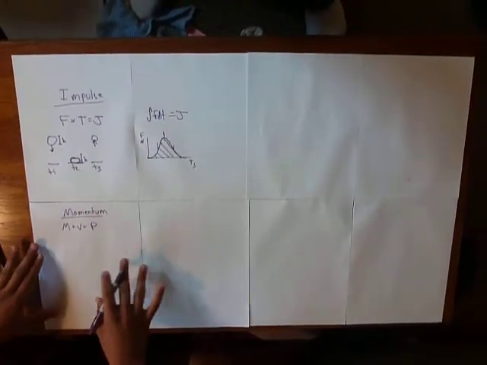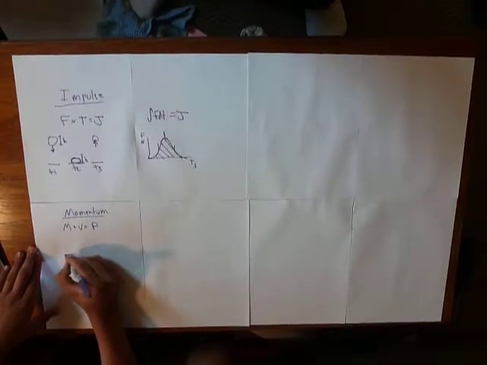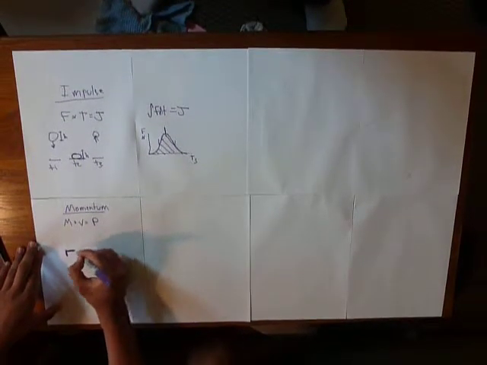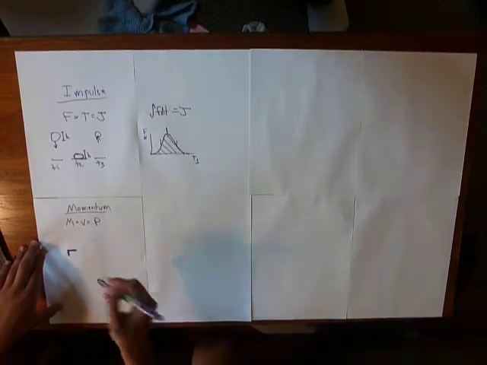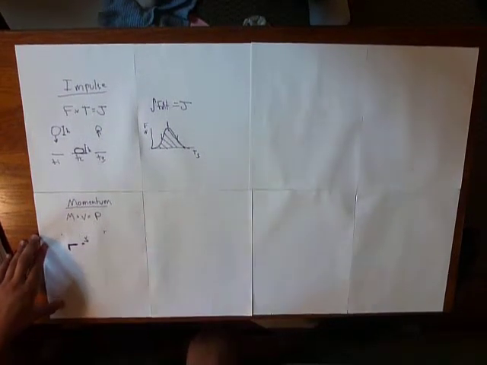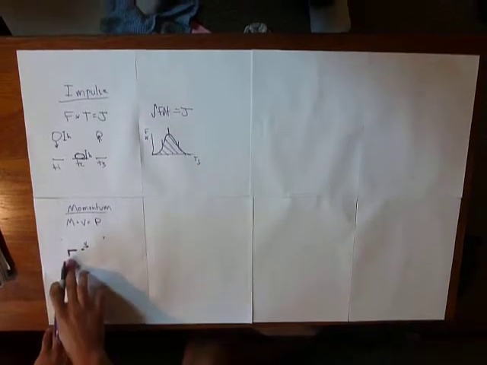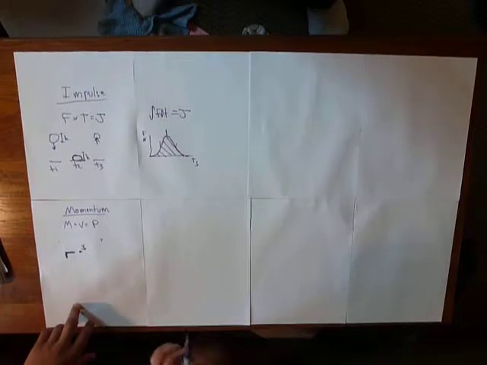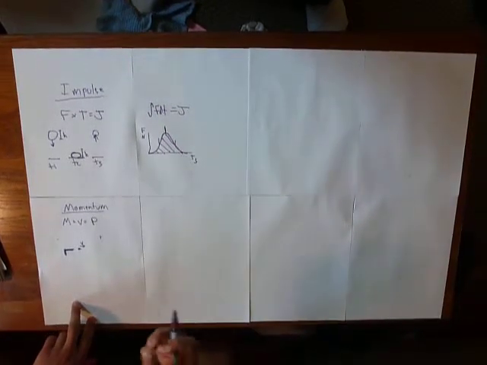So if we look at the example of a gun, a fairly crudely drawn gun, shooting a bullet in this direction. So let's say the bullet is going in the positive direction, so positive, negative. Originally the bullet would be in the gun and neither of them would be moving, so the momentum would be zero.